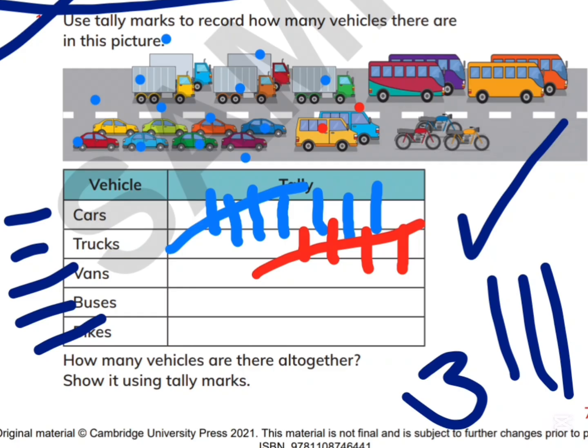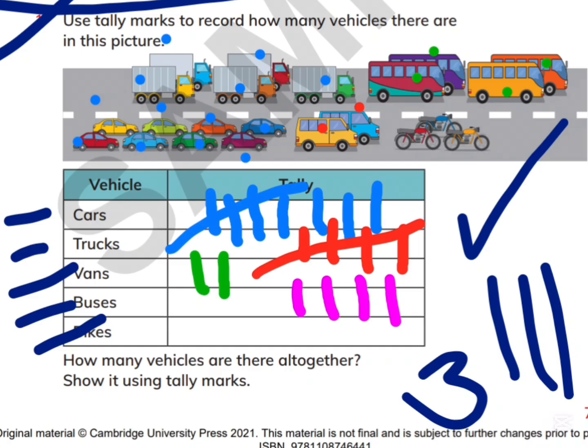I will change the color. I'm writing the vans with green color. 1, 2. Now buses. How many buses are there? 1, 2, 3, 4. I am using another color for buses. 1, 2, 3, 4. Now we want to write the number of scooters, bikes.